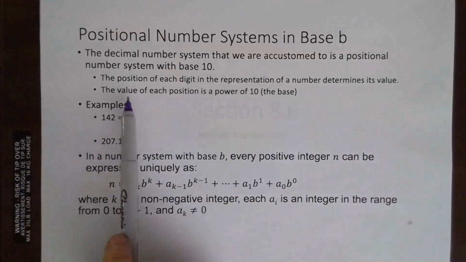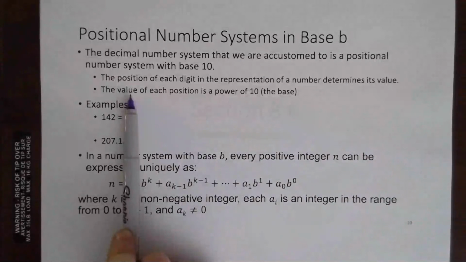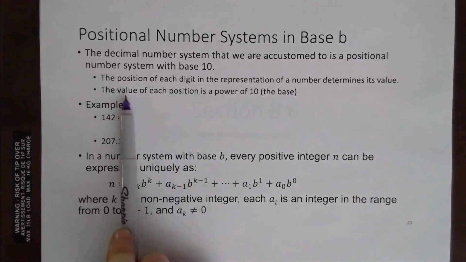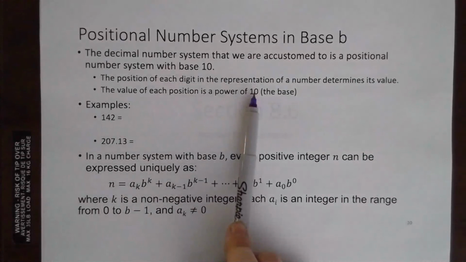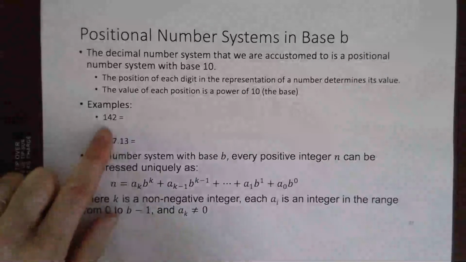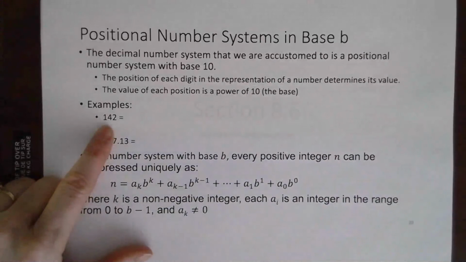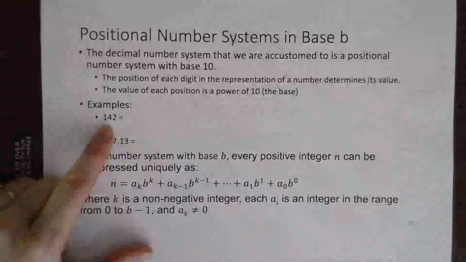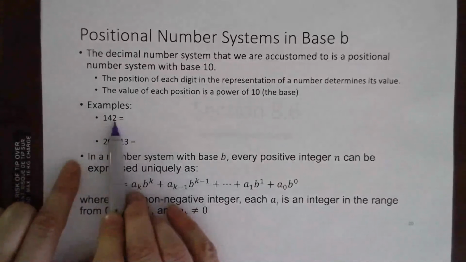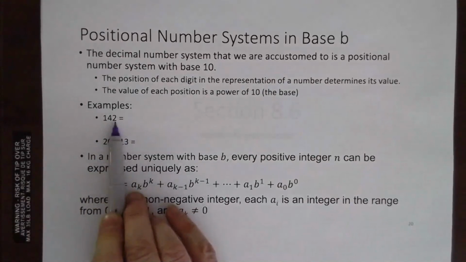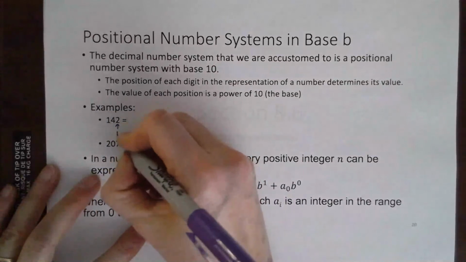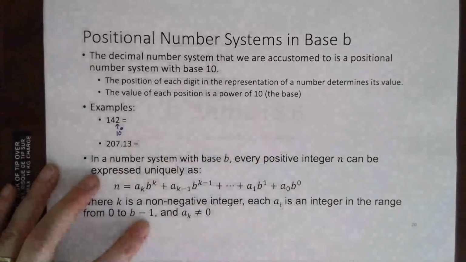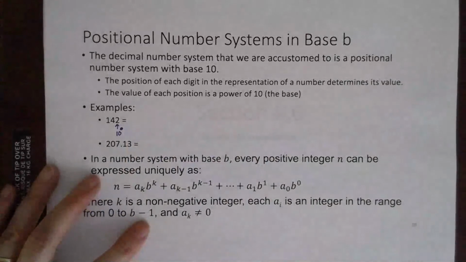The weight associated with that position is some power of whatever the base is. For example, take the number 142. The 2 is in the ones position, so this is a 10 to the 0 position.